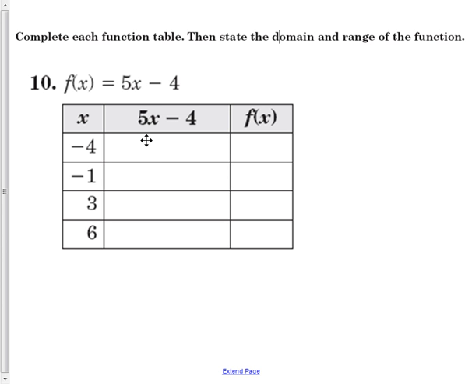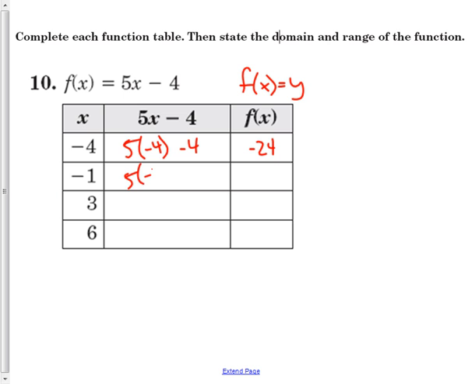Completing the function table, that'd be just as simple as 5 times -4 minus 4. Well, you're going to get -20 minus 4 would be -24. So remember, f of x is the same thing as our y. That's our range or our output. X is our domain.